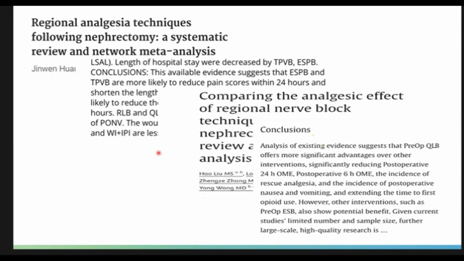The incidence of rescue analgesia and post-op nausea and vomiting was also reduced, and the time period was also extended. Other interventions like preoperative erector spinae block also showed potential benefit, but a larger scale study has to be conducted to conclude these findings.